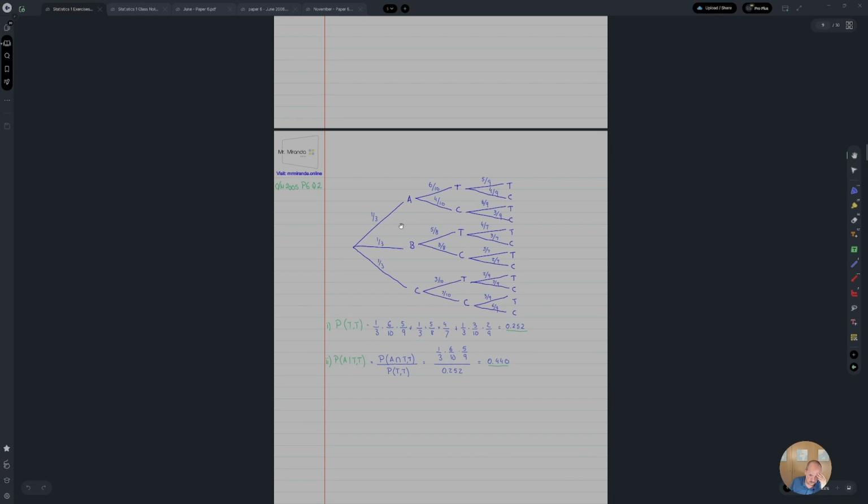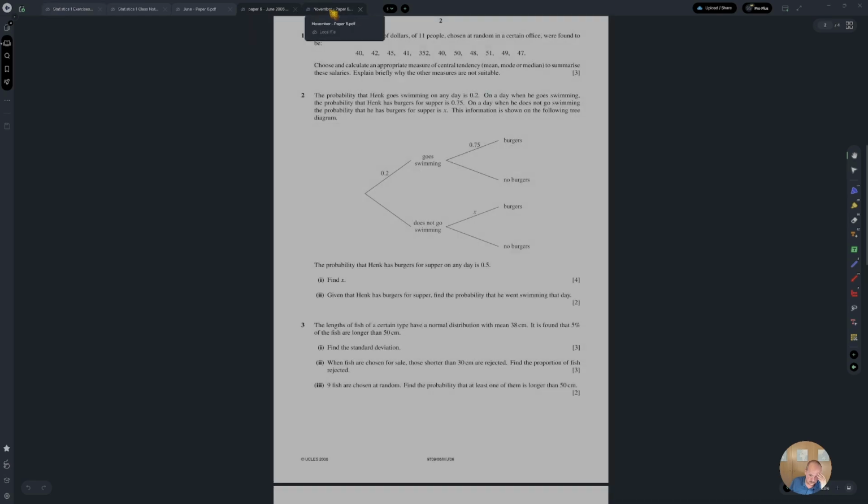So this is going to be 1/3 times 6/10 times 5/9 plus 1/3 times 5/8 times 4/7 plus 1/3 times 3/10 times 2/9. Plug everything in the calculator. That's the result. Actually, the main difficulty on this question is to build the tree. Once you have the tree, you can get everything that you want. This is true for any other question for which you don't have a tree, like you did on this one.